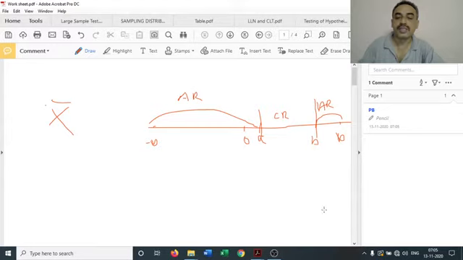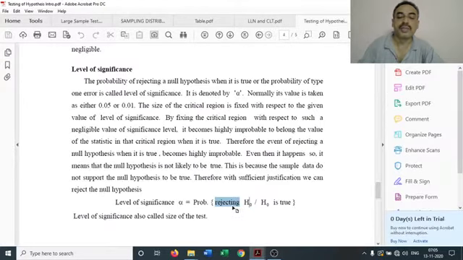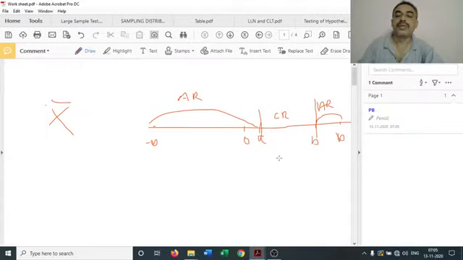level of significance is taken as the probability of rejecting H0 when H0 is true, which means the probability of the statistic value x bar lying between A and B when H0 is true.